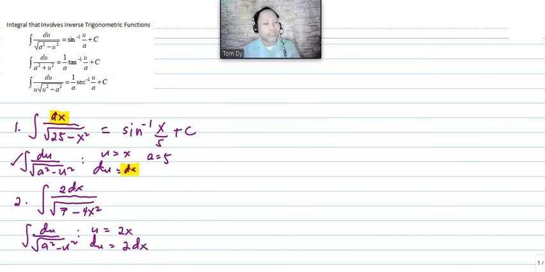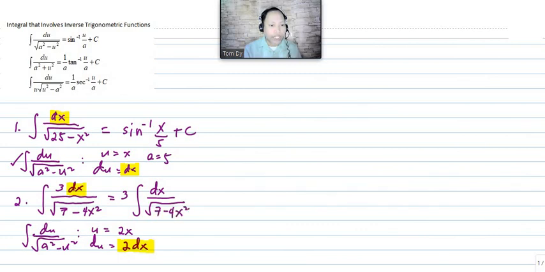Okay, if you have noticed this one, I will change this one to, let's say, 3. If you have noticed here, this is dx, this is also dx. The only difference is the number. We have here 2 dx, and this 3, for this case, I will rewrite as the integral of dx over the square root of 7 minus 4x squared.